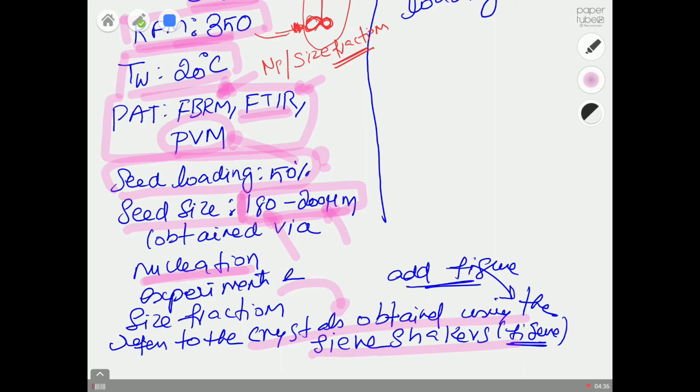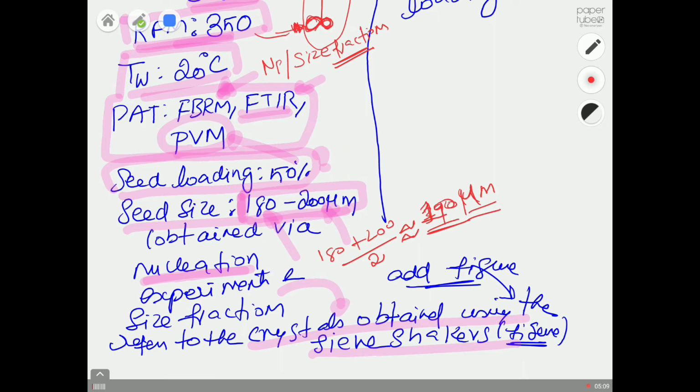So the average size of the seed crystals will be something in between, around 180 plus 200 by 2, so 380 by 2. It will be 190. It's obvious. This is approximately your seed size, 190 microns. Micrometers or microns, both are the same.